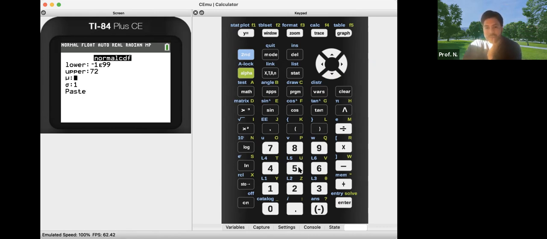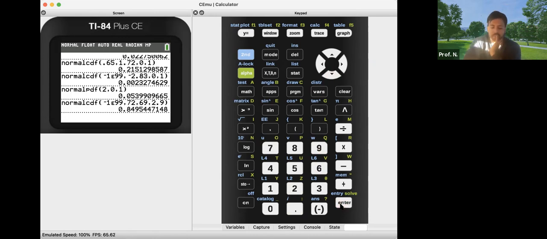My mean is 69. And my standard deviation is 2.9. And when I press this, look what I get. I get pretty much very close. Not exactly, right? But very close. 0.849544. Of course, there's more likelihood of some round off error now.